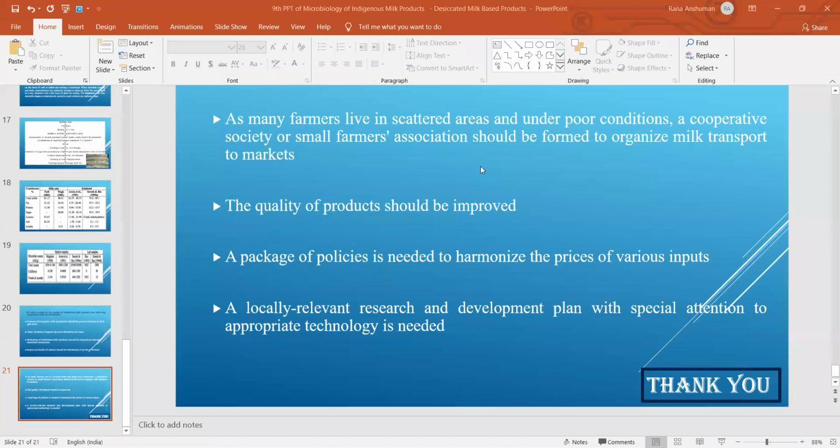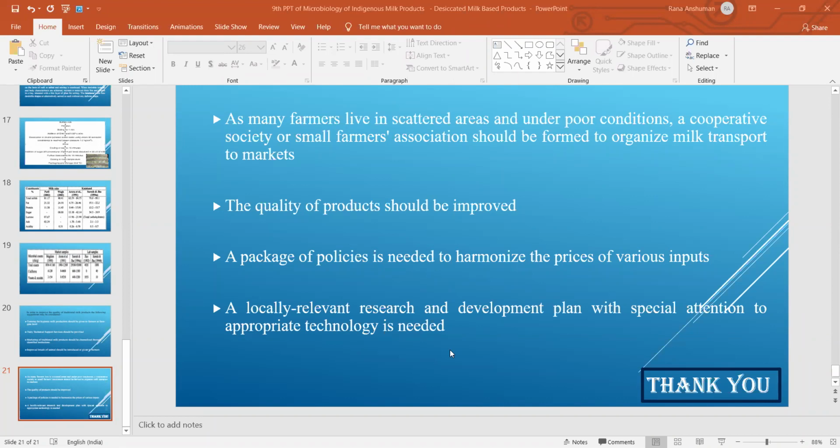A package of policies is required to harmonize the prices of various imports, and a locally relevant research and development plan with special attention to appropriate technology is required, because every day people have started introducing a newer kind of formulation, a newer kind of indigenous milk product in nearby areas or in the local market.